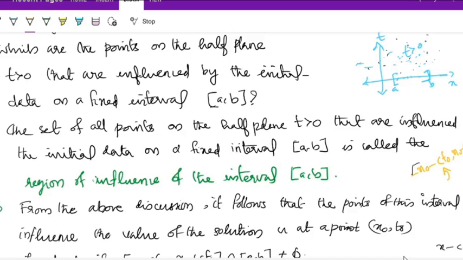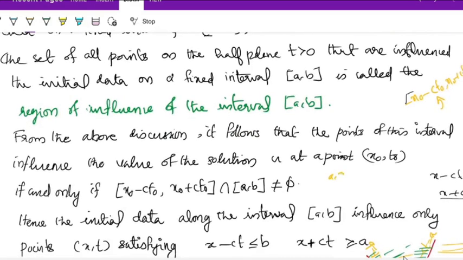Okay, and the points on the closed interval AB will influence the value of the solution at the point (x0, t0) if and only if the initial data on the interval x0 minus c t0 to x0 plus c t0 is involved.